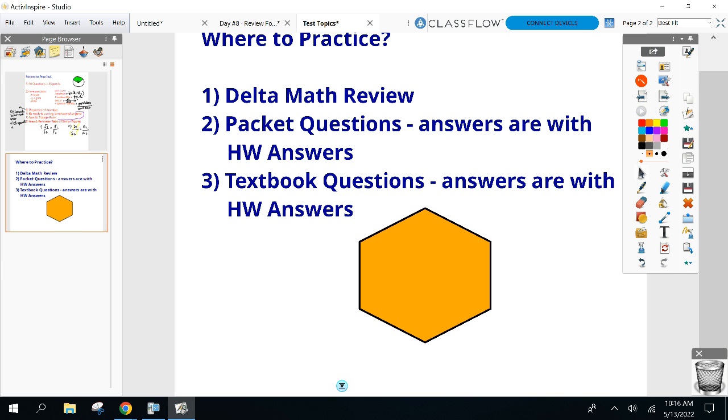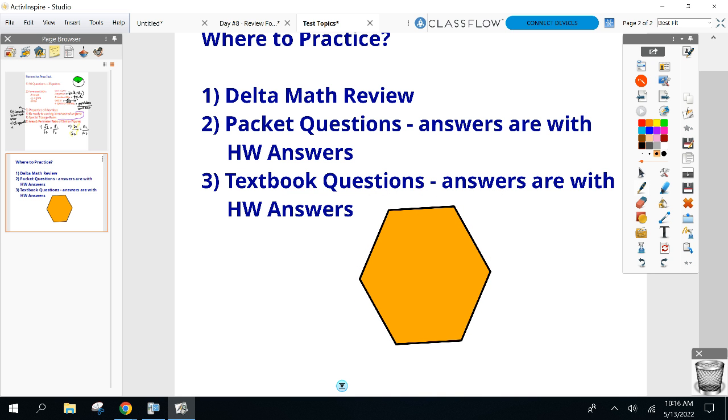If I give you a regular hexagon and say, find the area, what do you have to do? How many triangles? 6 triangles, right? 1/2 BH, because that's the area of a triangle. And then can we find this angle that's formed?